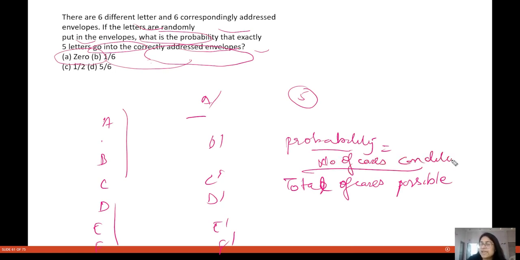So the total number of ways in which 6 letters can go into the correctly addressed envelope is 6, because A will go into A, B will go into B, and so on. And the number of cases of the condition is 5, because 5 letters are going into the correctly addressed envelope. So the probability should be 5 by 6, but this is wrong.